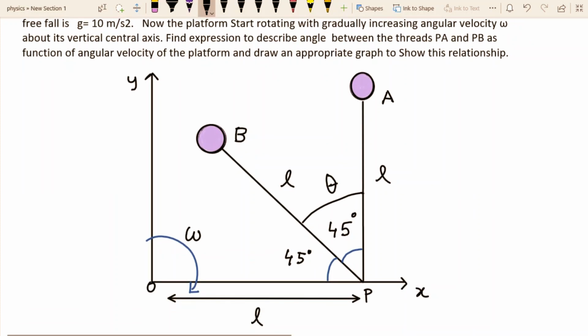So at what angular velocity of the platform will disk A move, and at what angular velocity will disk B move? First of all, we have to find out these angular velocities. After computing them, by observing them and taking appropriate limits, we can analyze theta, and how the angle between A and B changes.